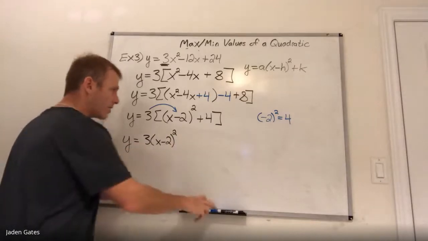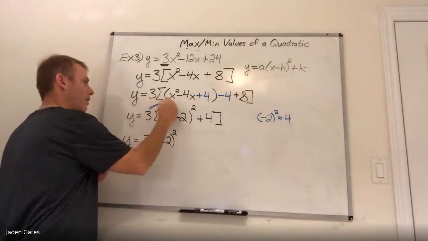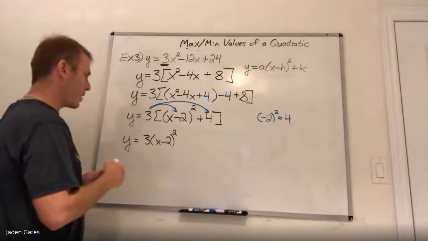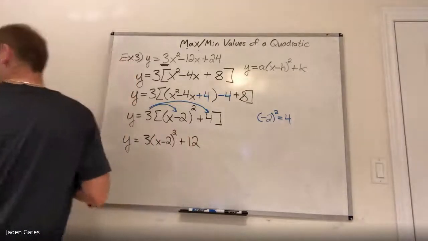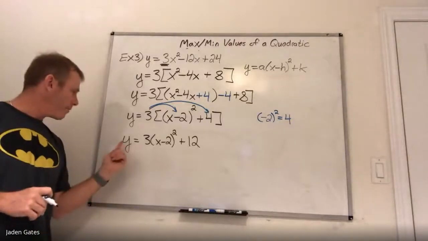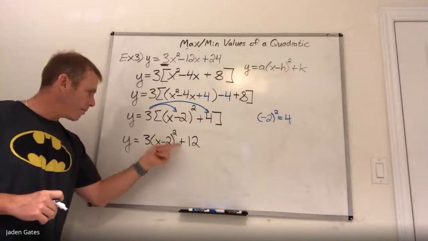All right, and then I still have to do 3 times the 4. All right, so 3 times the 4 is a 12. All right, so now I have it in vertex form. I have my y equals a times (x minus h) squared plus the k.